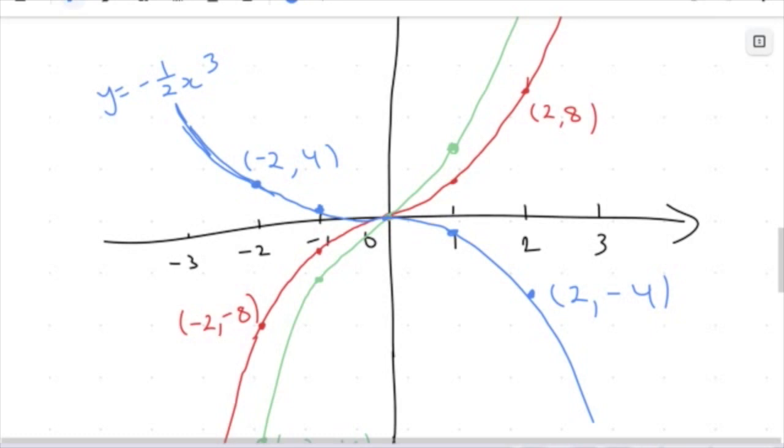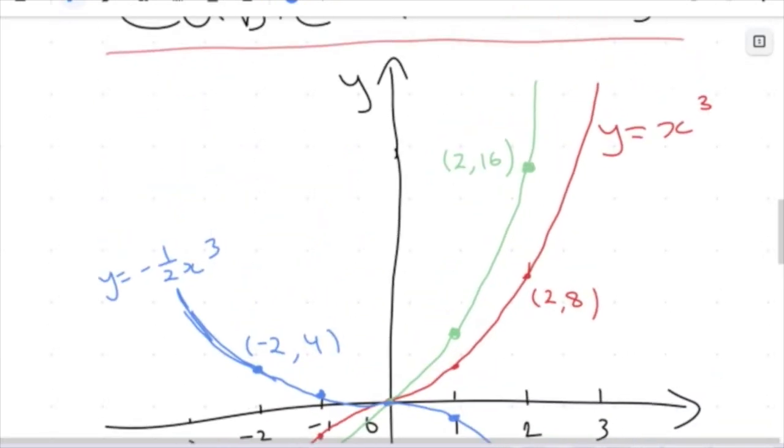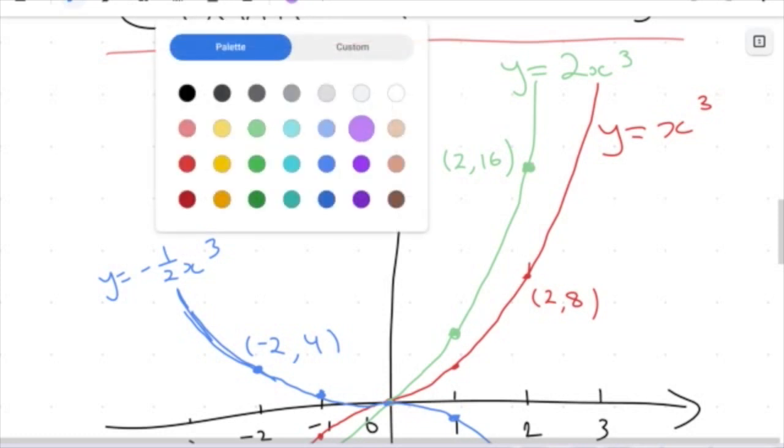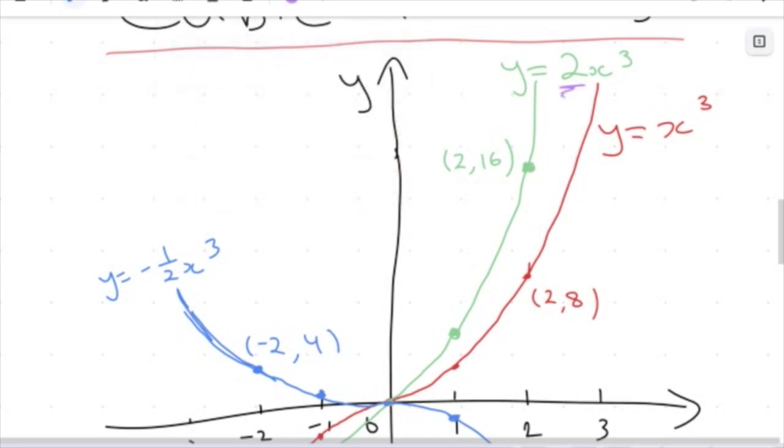So this is how these two transformations can affect my graph. When I have a positive coefficient that gets bigger than 1, like this 2 for example, my graph gets steeper.